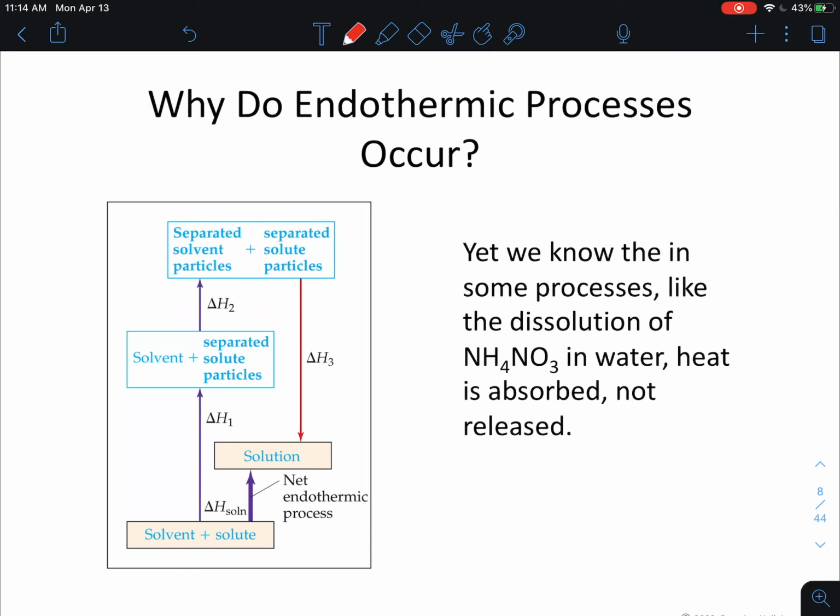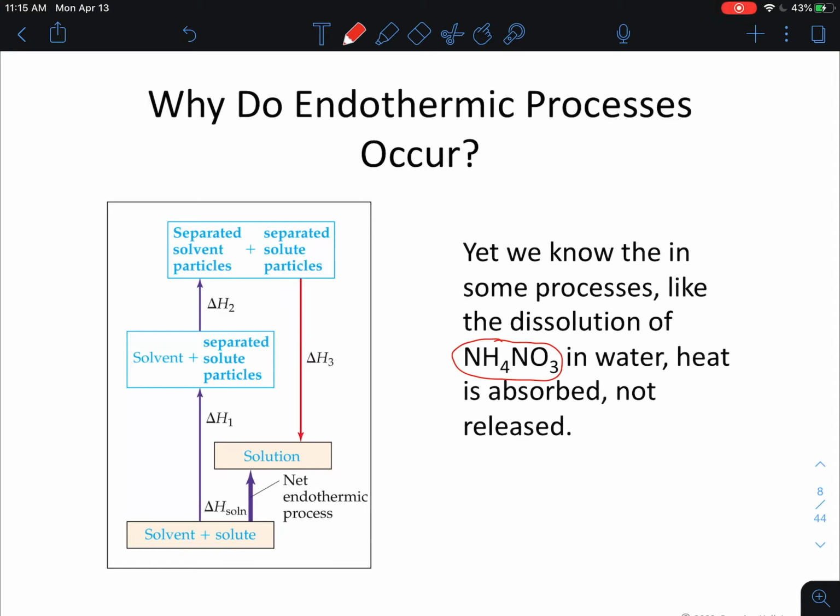So if I dissolve something like ammonium nitrate in water, if I measure the heat flow in a calorimeter for dissolving ammonium nitrate in water, I would observe that the temperature of the water in my calorimeter would decrease because heat is required to dissolve ammonium nitrate in water.